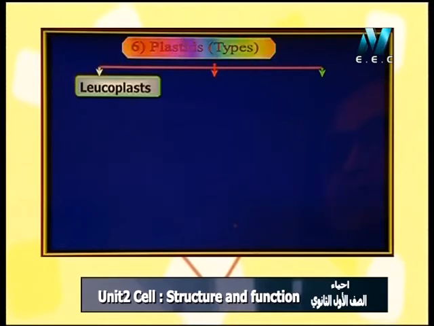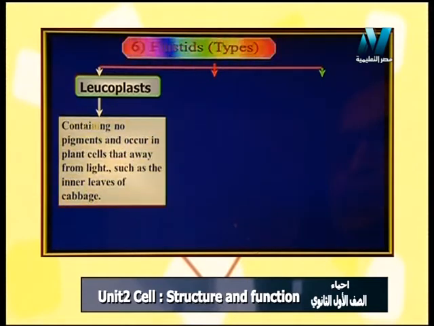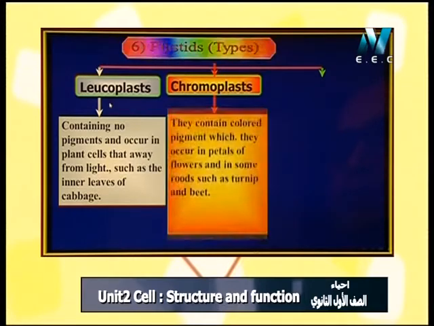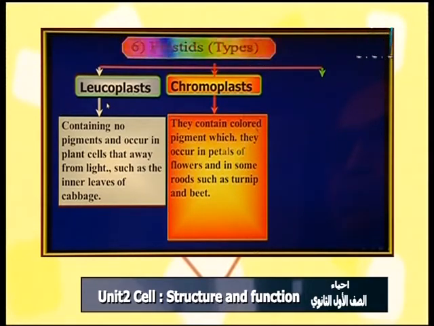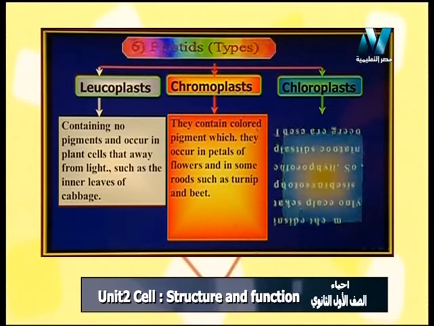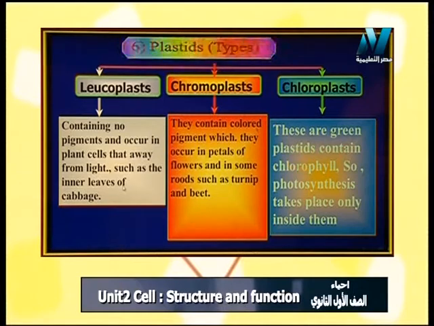نمبر 6 عندي حاجة اسمها plastids. The plastids are three types: leucoplast, chromoplast and chloroplast. Leuco means colorless, so it does not contain pigments, and occurs in the plant cells that are away from the light, such as the inner leaves of the cabbage.